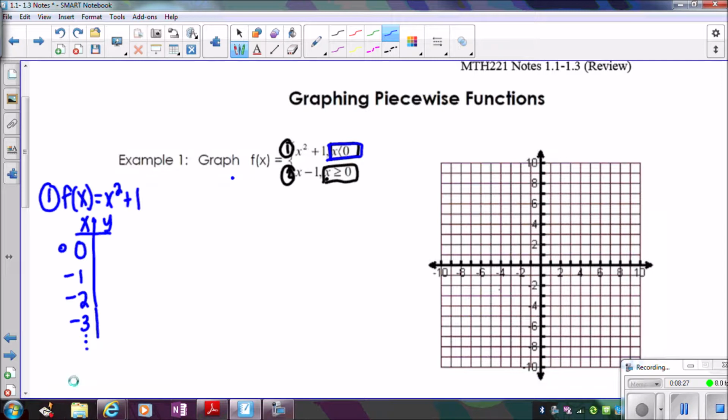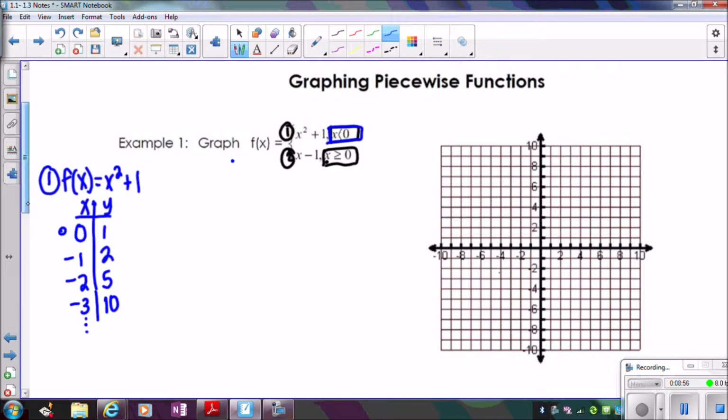So now to get the y values, all we have to do is plug these into our function, like what we did on the previous page. If I plug in 0, 0 squared plus 1 is going to give me 1. -1 squared, be careful with that, it's got to be in parentheses. So -1 times -1 is 1, plus 1 is 2. -2 squared is -2 times -2, which is 4, plus 1 gives me 5. -3 will give me 10.